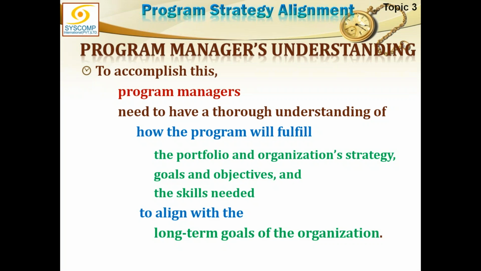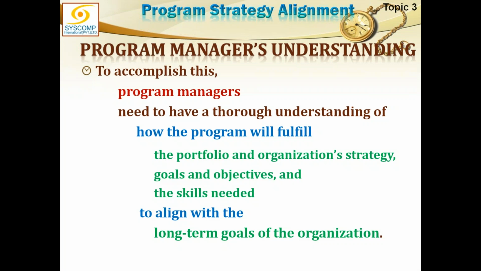We also need to understand that for accomplishing these goals and objectives, what are the skills and capabilities we need to acquire or need to have in our program, and do those skills really align with the long-term goals of the organization?